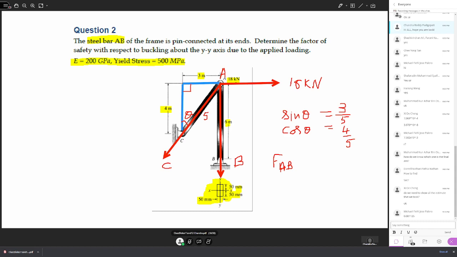This is just to find out the force acting on AB. So you know the horizontal component of the force FAB is FAB sine theta. You can write it as FAB into sine theta is equal to 18 kilonewtons.